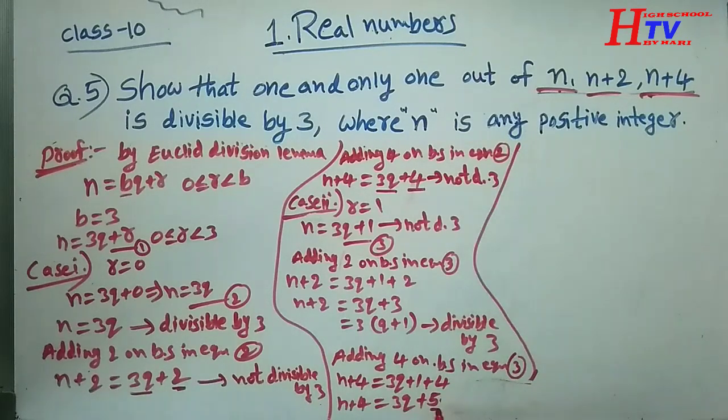It is a multiple of 3, and 5 is not a multiple of 3. So it is not divisible by 3.